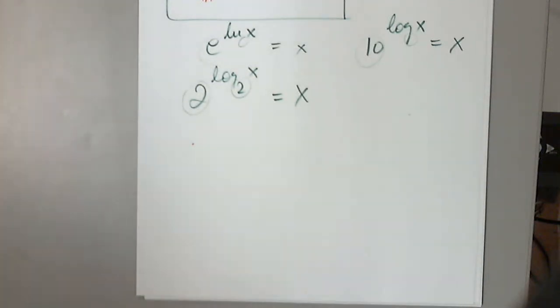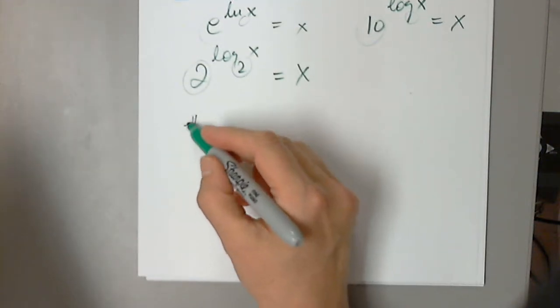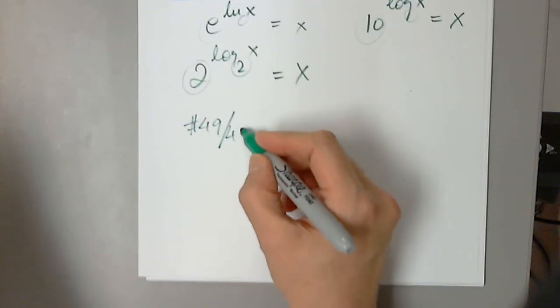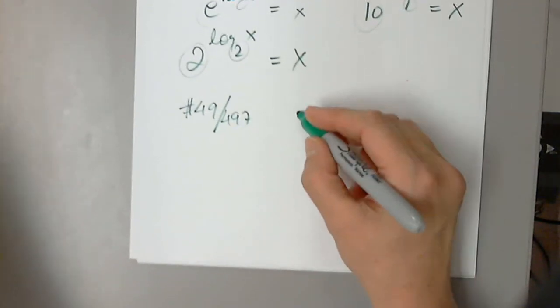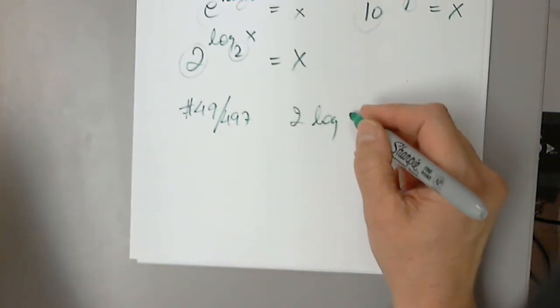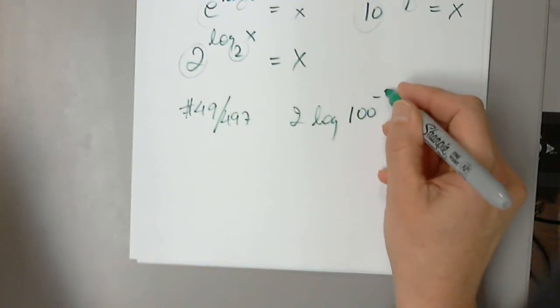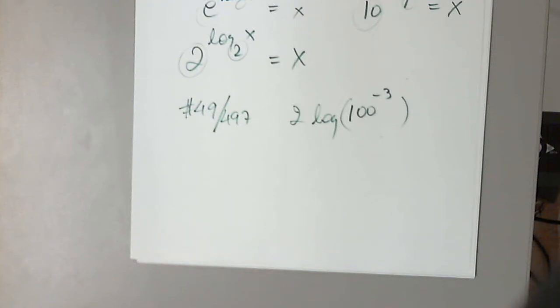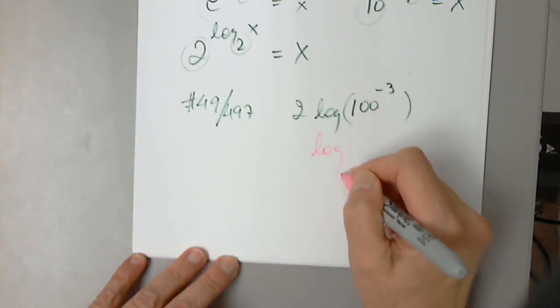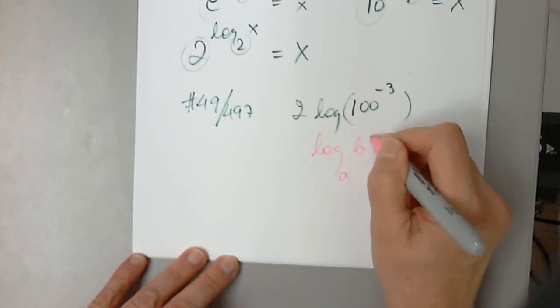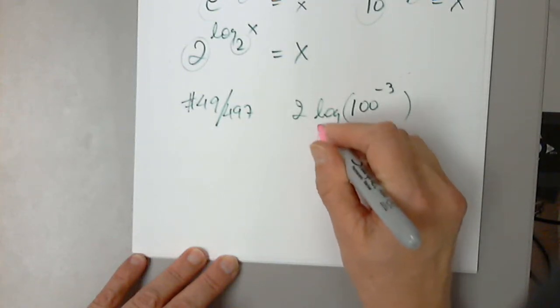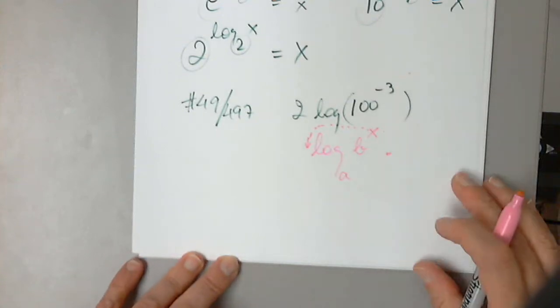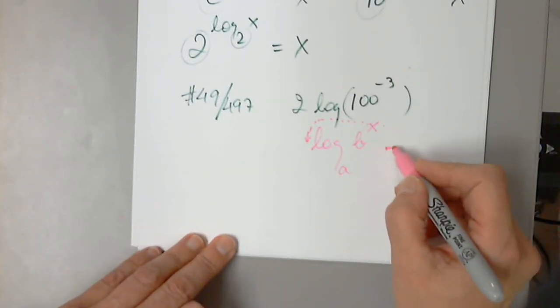So let's simplify 49 on page 497. 2 log 100 raised to negative 3. Again, let's take this one in two steps. We know a property, log base A of b to the x power, that we discussed last time, but you may have not looked at it just yet, so I just want to review it with you.